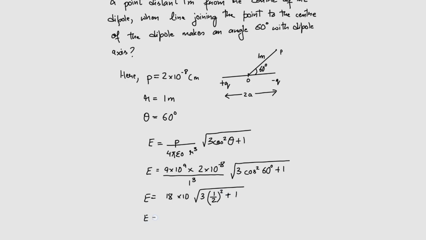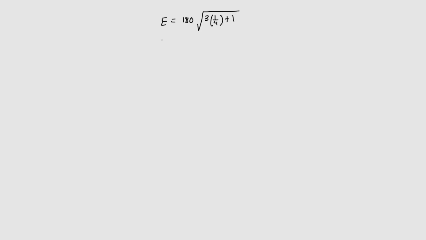Solving, we have 180 root over 3 into 1 by 4 plus 1. Next line, E is equal to 180 root over the LCM 4, which is 3 plus 4 over 4. So E is equal to 180 divided by 2 root over 7.